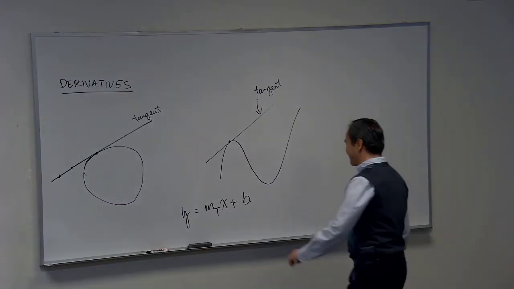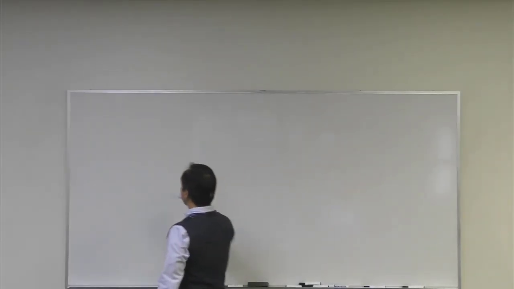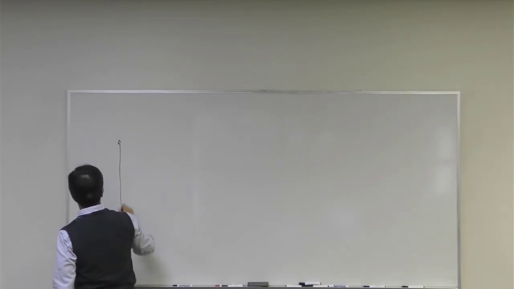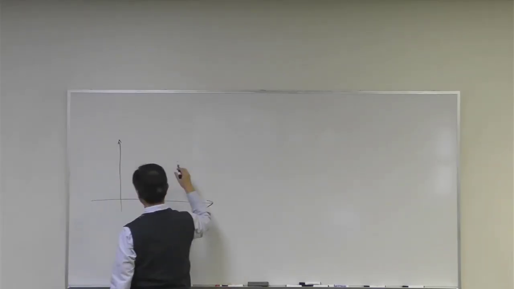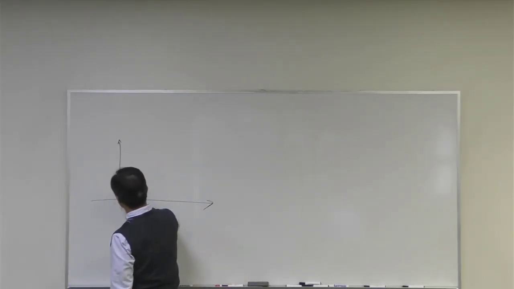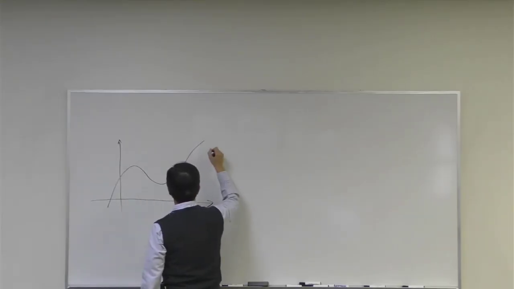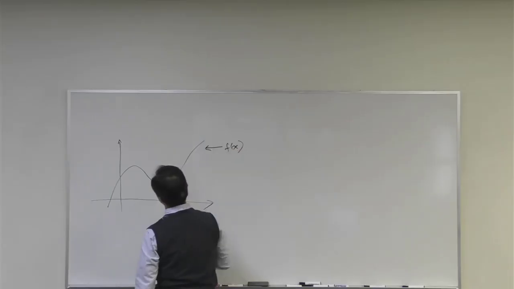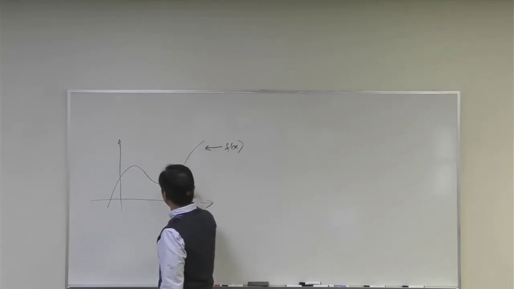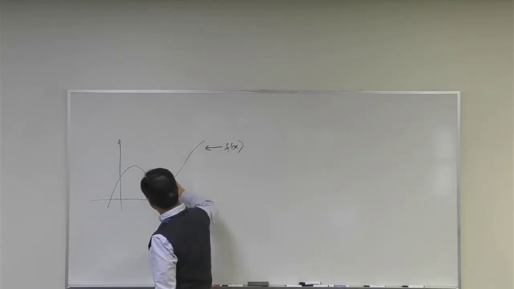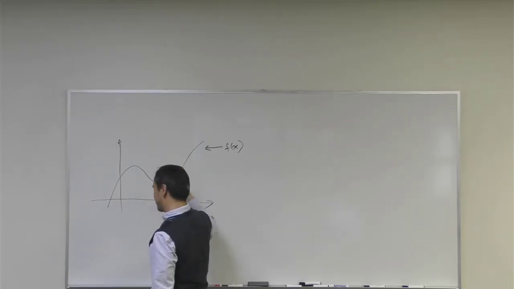Okay. So now think about scenarios like that. Actually, we're promoting to an actual problem now. Here's your function, f of x. And let's say at this point right here, x equals a. You've got a point on the graph, right? Your function is continuous.